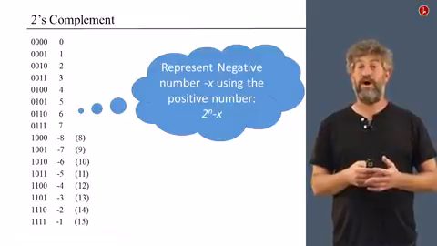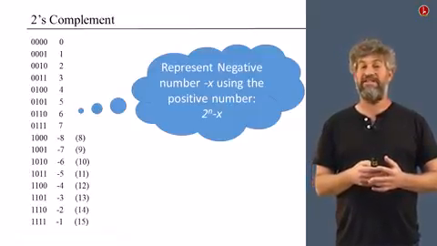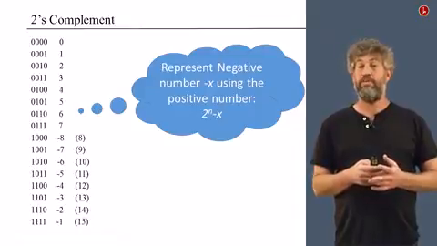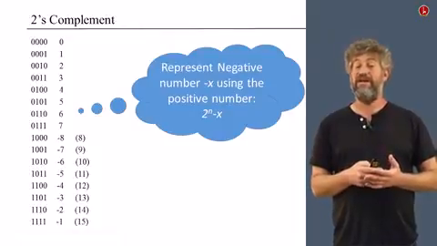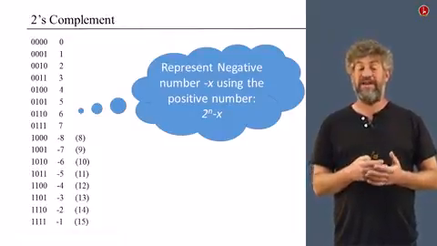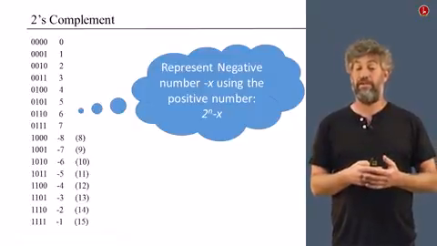You have 0, 1, 2, all the way up to 7 as usual. Now, if you want to represent, let's say, negative 3, well, you represent negative 3 by the integer 16 - 3, which is 13. So if you look at the place 1101, which is really the binary number 13, the value of that is negative 3. So this is basically the table that we have so far, and this system is called 2's complement representation.